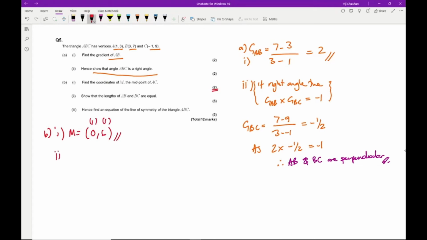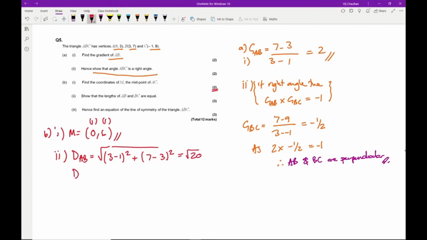For part 2, we then go on to say, show that the distances AB and BC are equal. So here we want to work out the distance of AB, and so we've got the square root of 3 minus 1 squared plus 7 minus 3 squared, which gives me root 20.